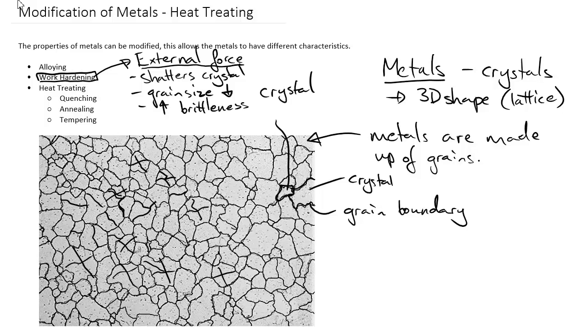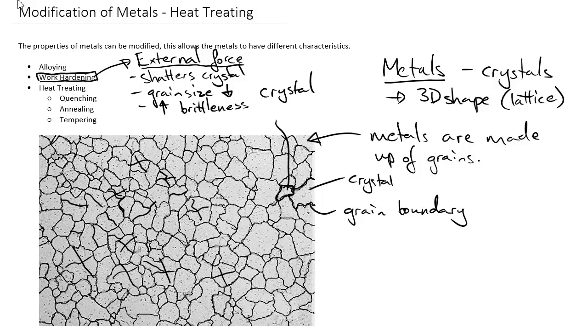So maybe a blacksmith is beating the particular metal with a hammer, and you're essentially shattering the crystals and changing the configuration of the metal lattice, creating smaller grain size.